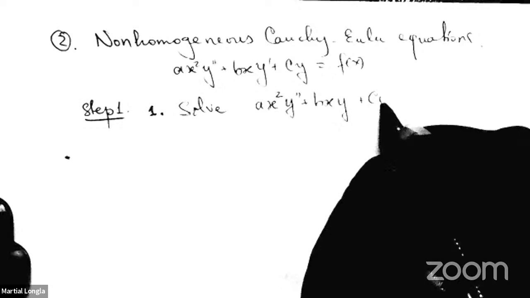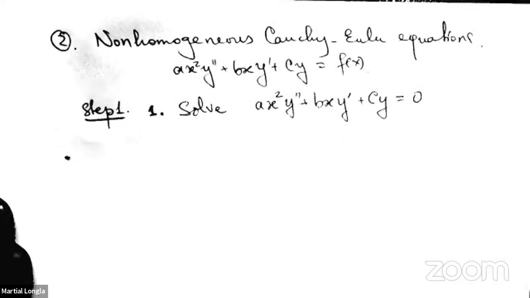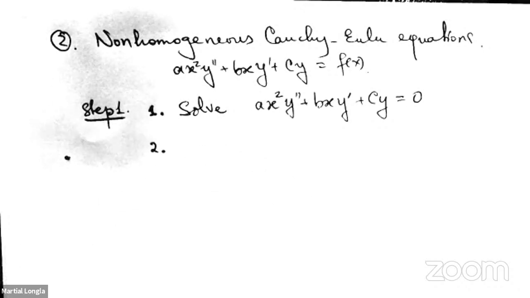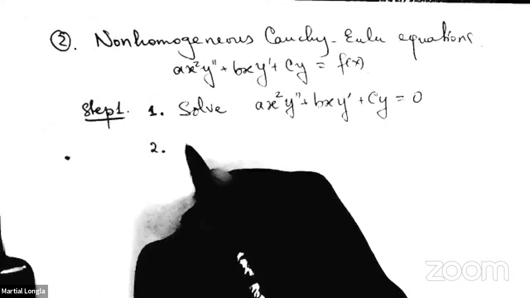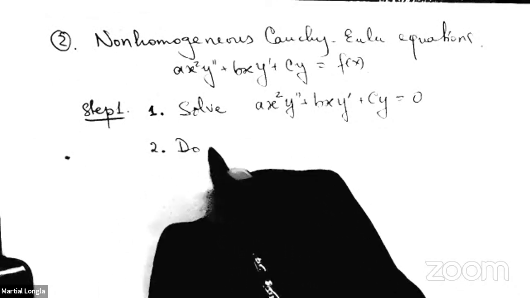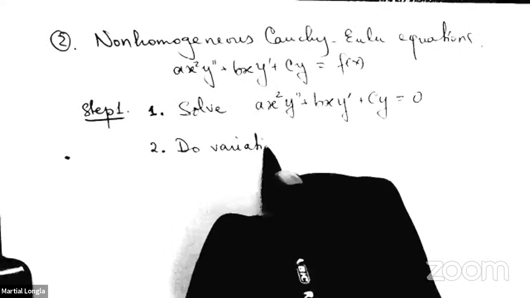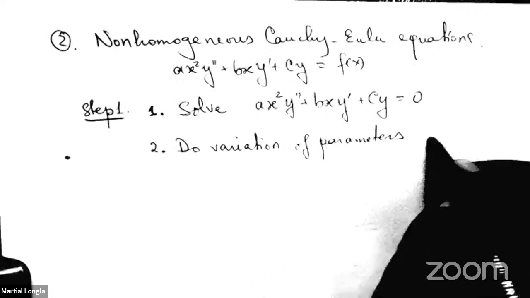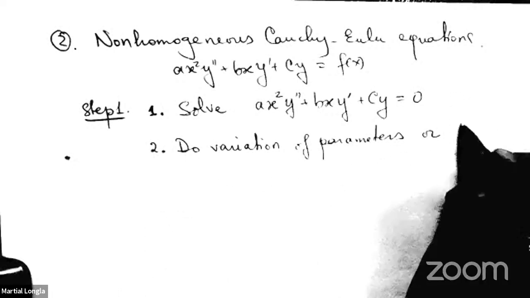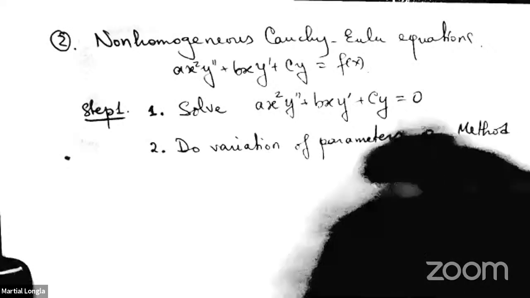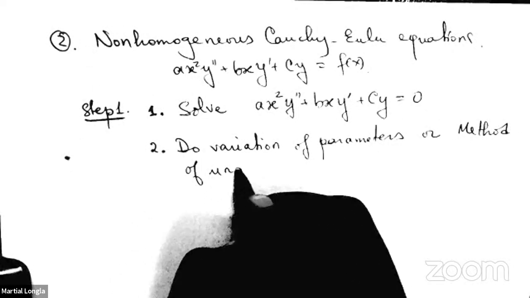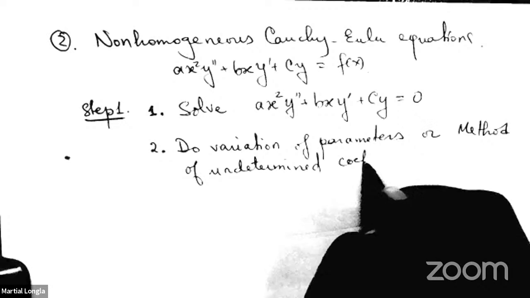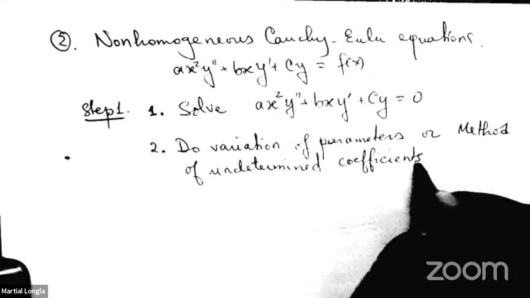Step 2, the variation of parameters or method of undetermined coefficients. That's it.